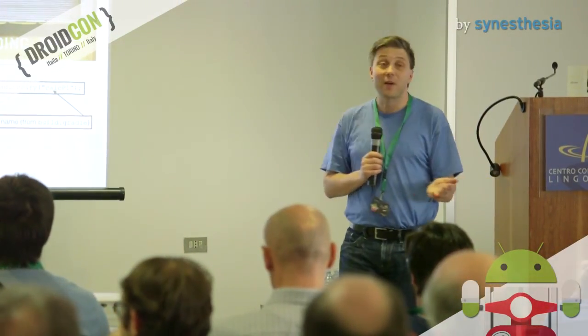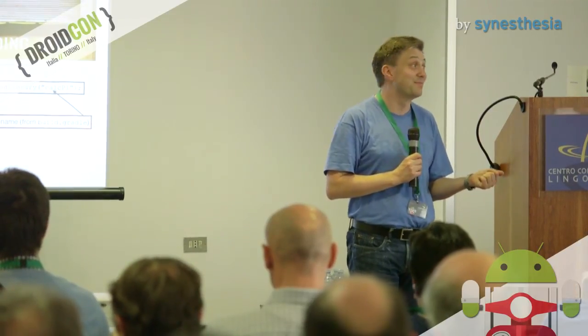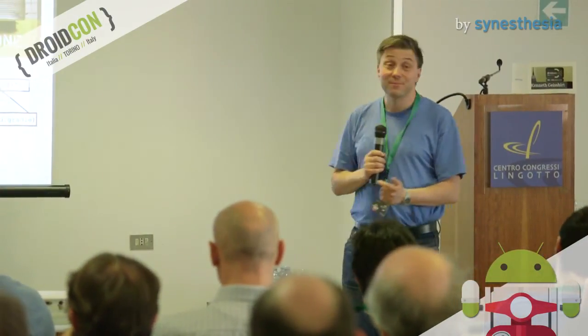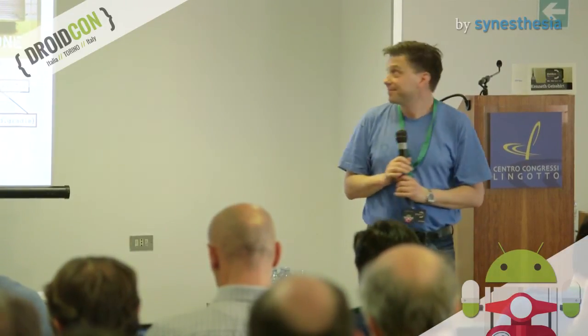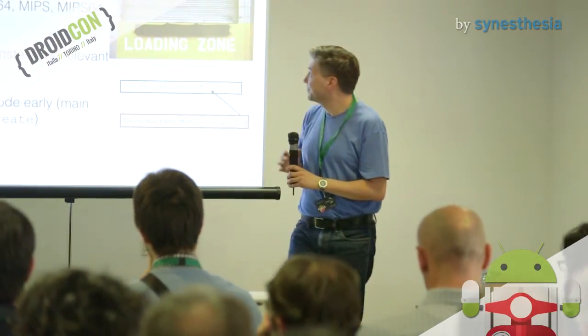How many of you have a MIPS-based Android device? Okay, we build every time for MIPS and MIPS 64-bit, because that is the standard. As you can see, it builds for all kinds of architectures.